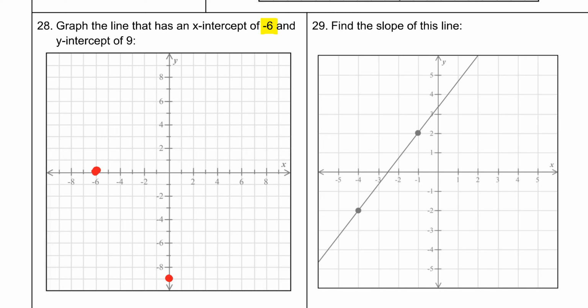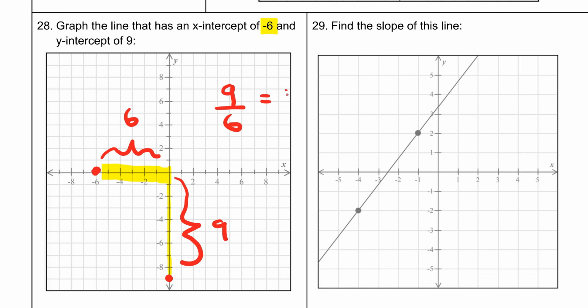If I take a look at this triangle right here, this height is going to be 9, and this height over here is going to be 6. So rise over run is really 9 over 6, and if I reduce that fraction, it becomes 3 over 2.